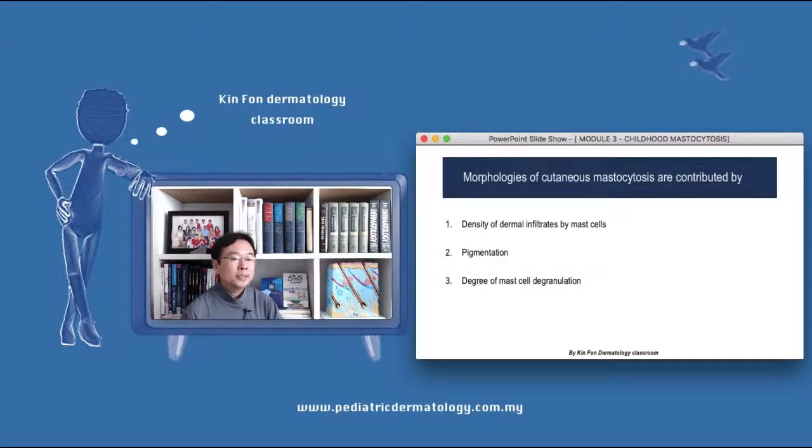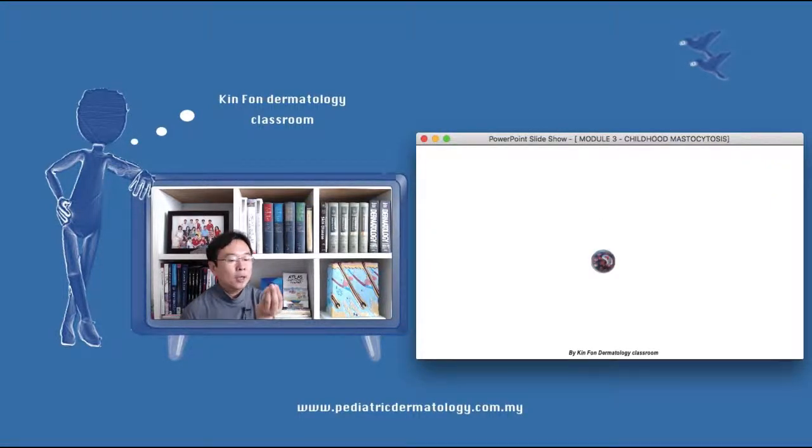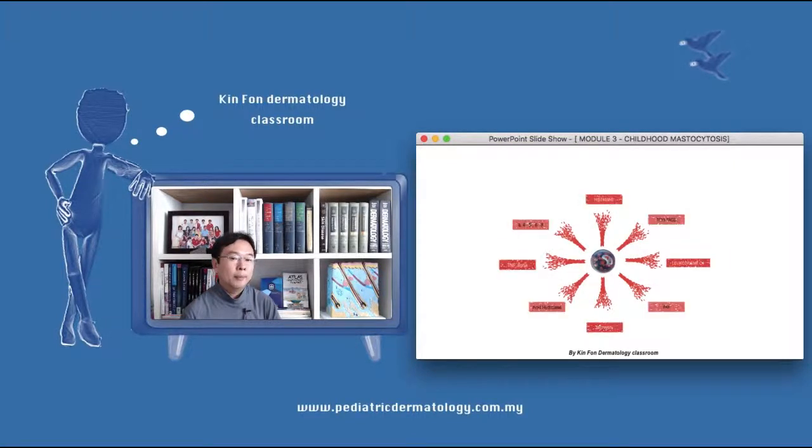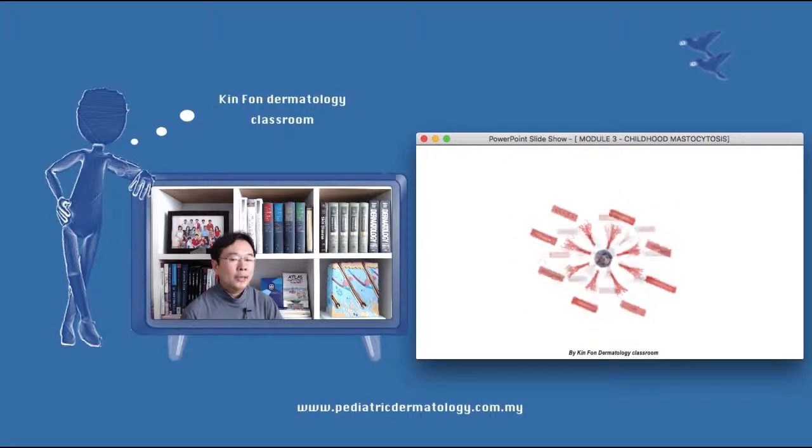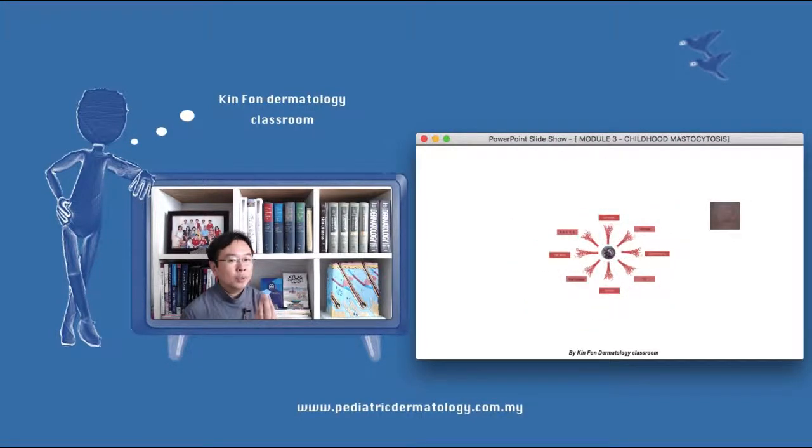And lastly is the degree of the mast cell degranulation when you examine the patient. We know when the mast cells degranulate, they release more than 20 different mediators. The well-known ones are histamine, tryptase, as well as platelet activating factor. These not only act on the blood vessels, causing vasodilatation, increase in capillary leakage and dermal edema.